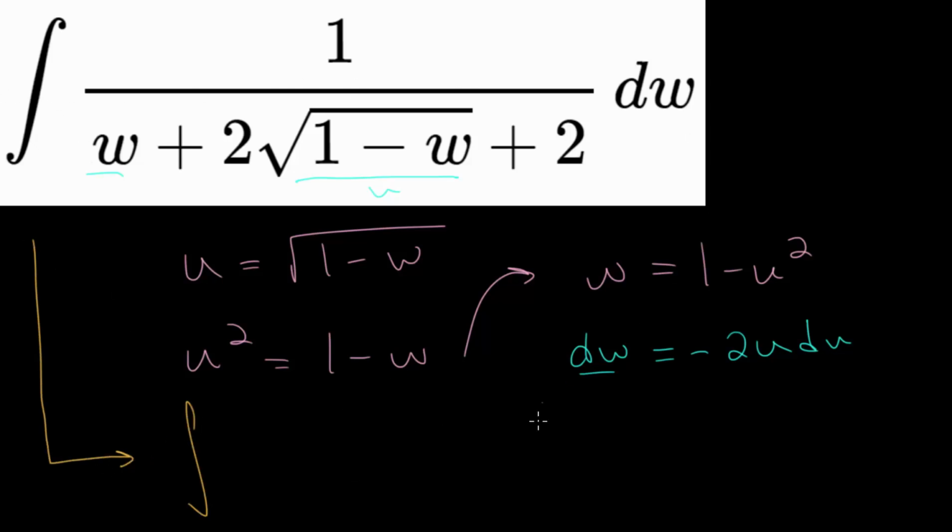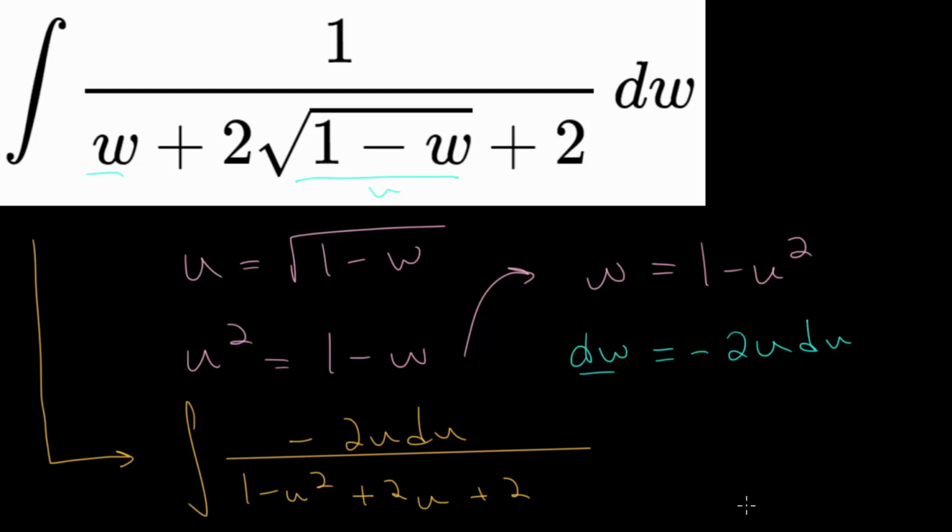Taking the indefinite integral of this expression here with respect to w, but now replacing w with 1 minus u squared, and this expression with u, we will have dw, which is now minus 2u du, and we'll divide all of this by w, but that's now 1 minus u squared. Then we have plus 2 multiplied by the square root, which is now u, and we have plus 2 at the end.